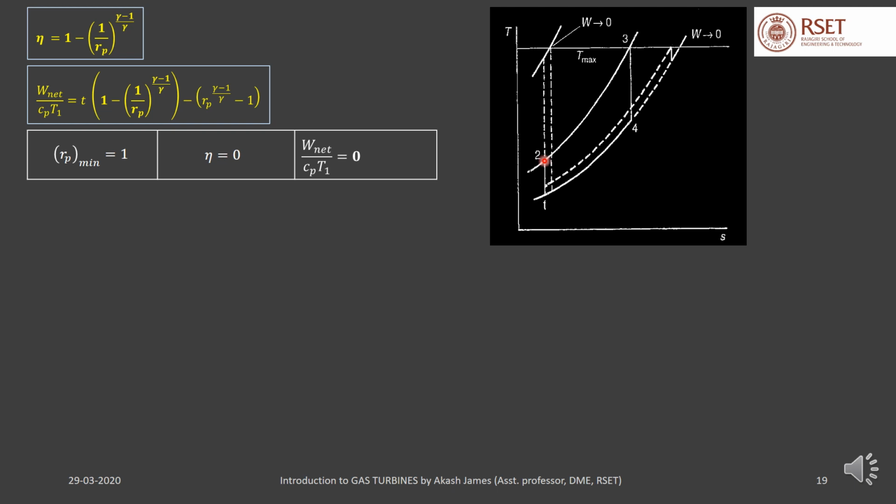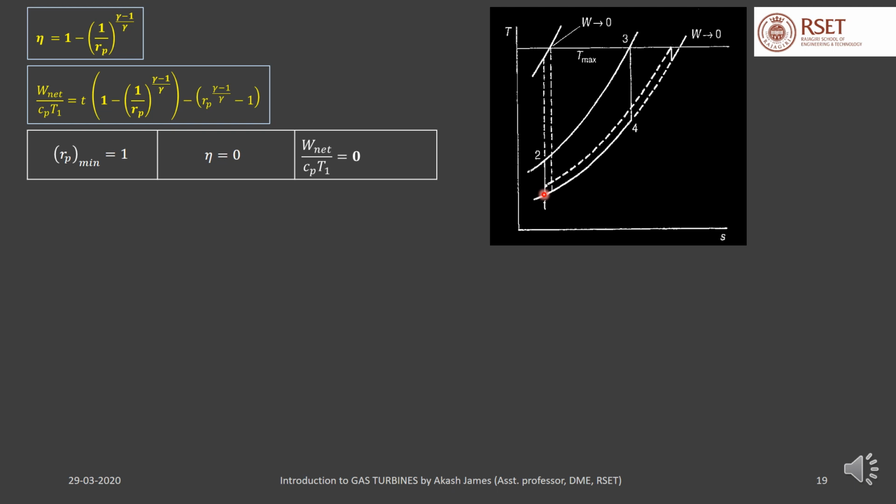That is, state 2 will be lowered in a TS diagram. State 2 will be lowered on this vertical line because the compression is still an isentropic process. When you reduce the pressure ratio, state 2 will be lowered until it coincides with state 1. That happens when the pressure ratio is 1. That is the minimum possible pressure ratio.